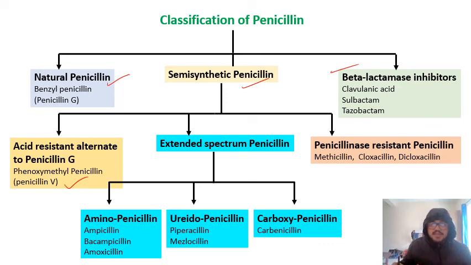Extended spectrum penicillin is divided into three parts: aminopenicillin, ureidopenicillin, and carboxypenicillin. Examples of aminopenicillin are ampicillin, bacampicillin, amoxicillin. For ureidopenicillin, it is piperacillin, mezlocillin, and for carboxypenicillin, it is carbenicillin. So this is the classification for the penicillin group.